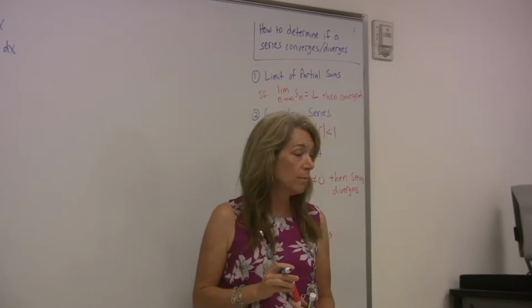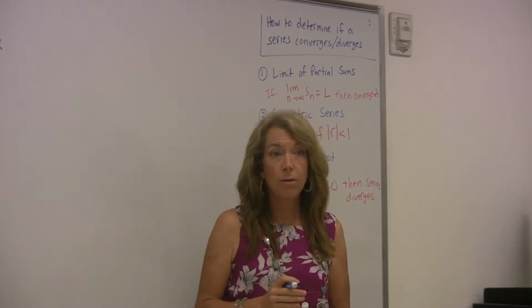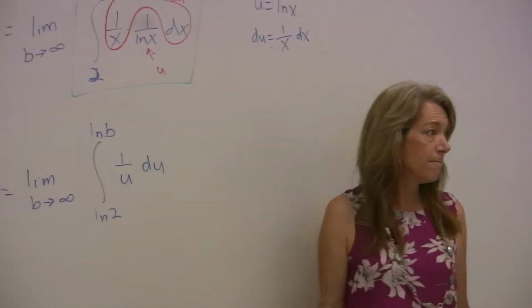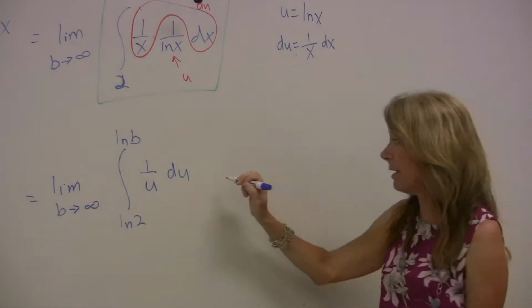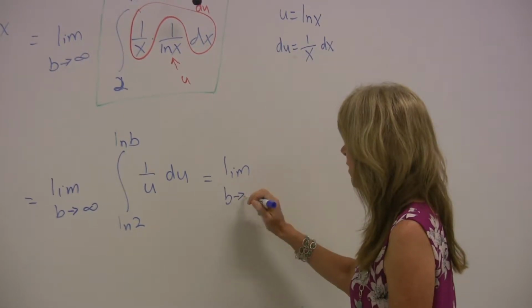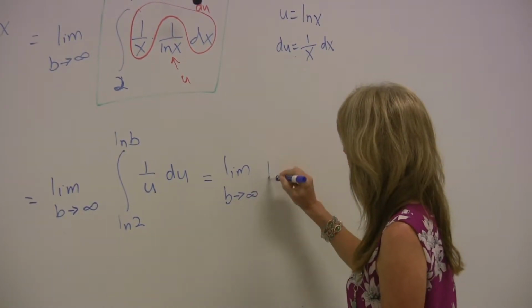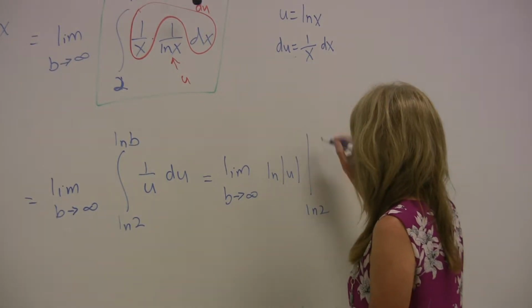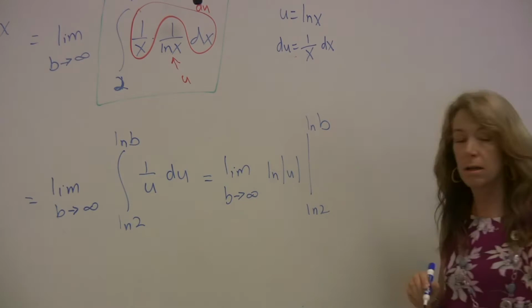Still okay? All the stuff we've learned piled into one problem. What's the integral of 1 over u? ln of u, right? Limit as b approaches infinity of the ln of u, evaluated from ln of 2 to ln of b.